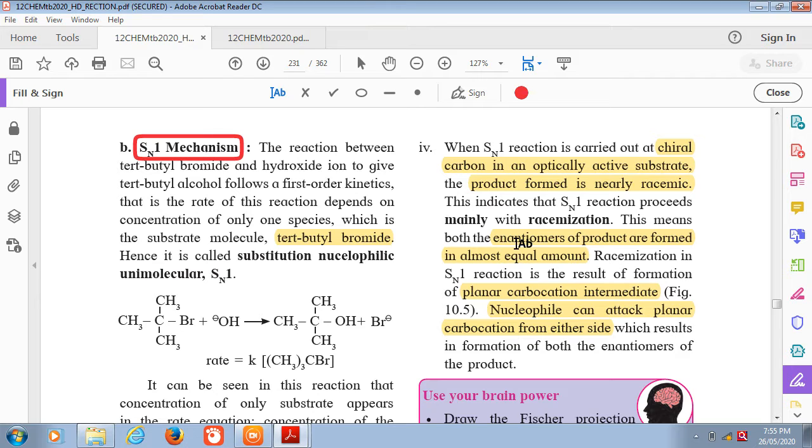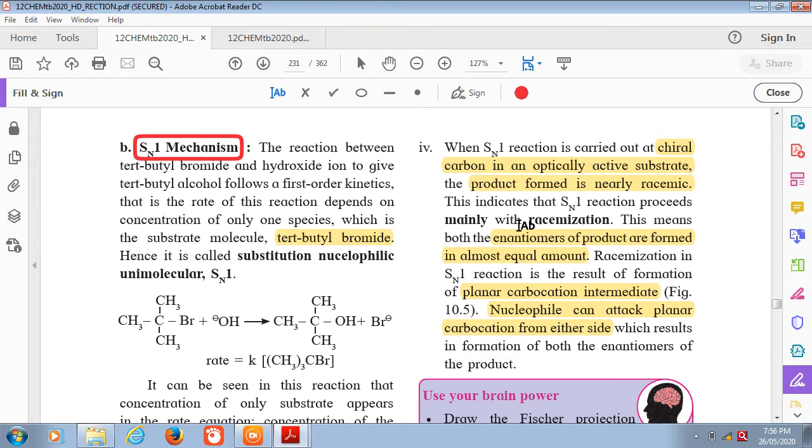So if this attack of the nucleophile is equally possible, 50% of the nucleophile molecules attack from the front side and 50% attack from the back side, so we form 50% dextrorotatory product and 50% levorotatory.